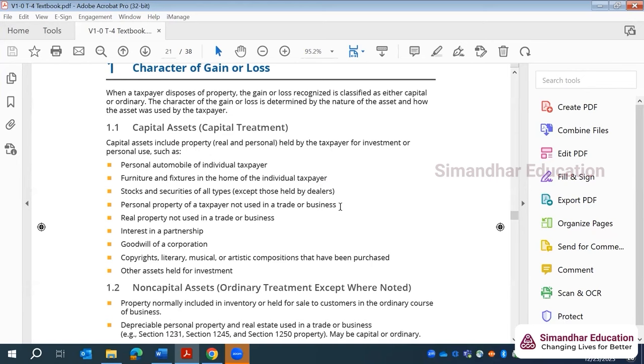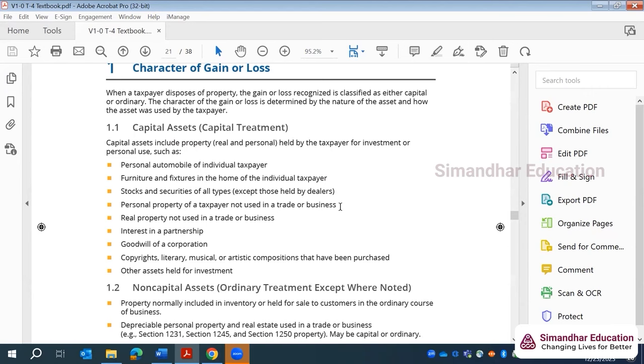Now, why is it important for us to understand the nature of the gain or losses, why it's ordinary or why it's capital? Because of two reasons. First, when the taxation happens at the individual level, there are different tax rates for a capital gain and for an ordinary gain.